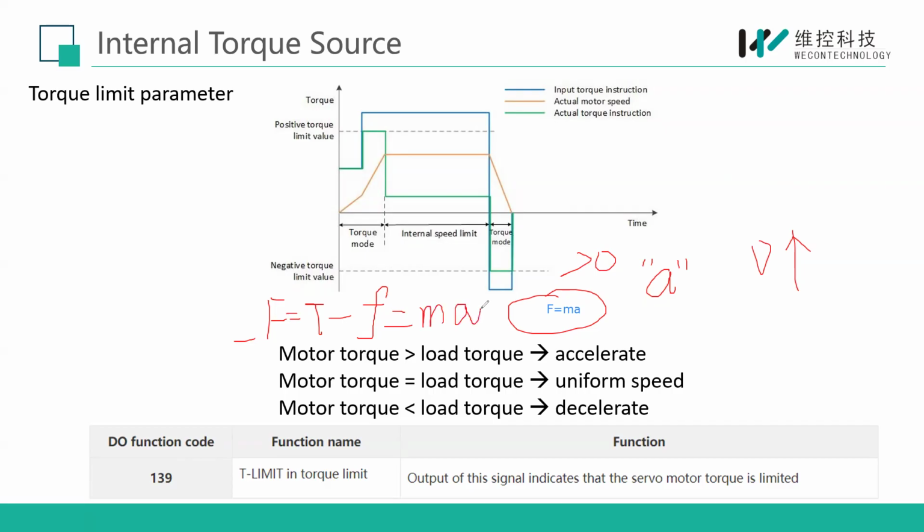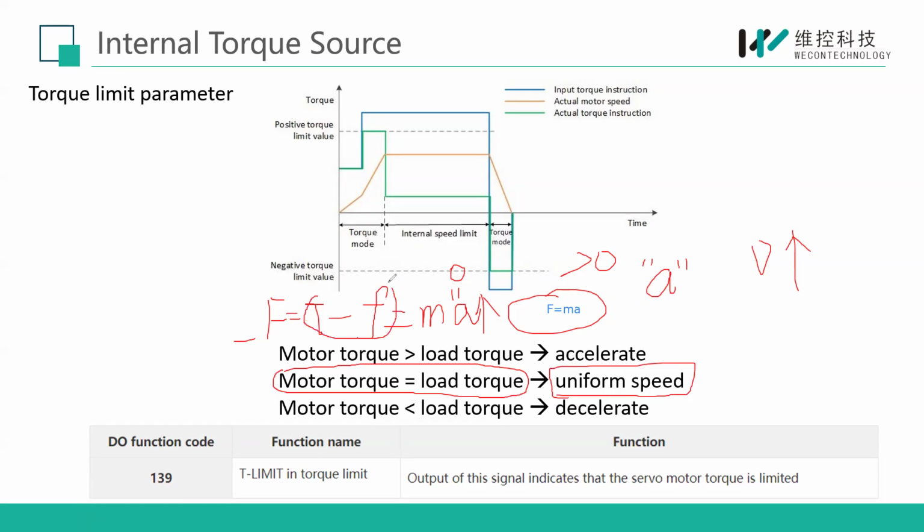So we can see if our torque is bigger than the load torque, the motor will always speed up. And if the motor torque is the same as the load torque, we will see A will be 0. So the motor will keep its current speed and always run at a uniform speed.